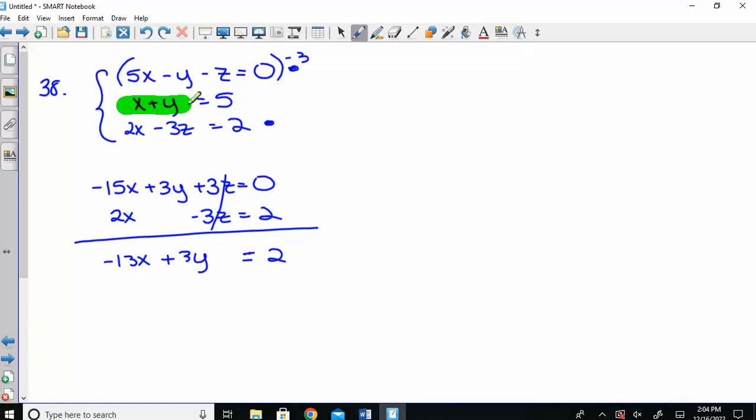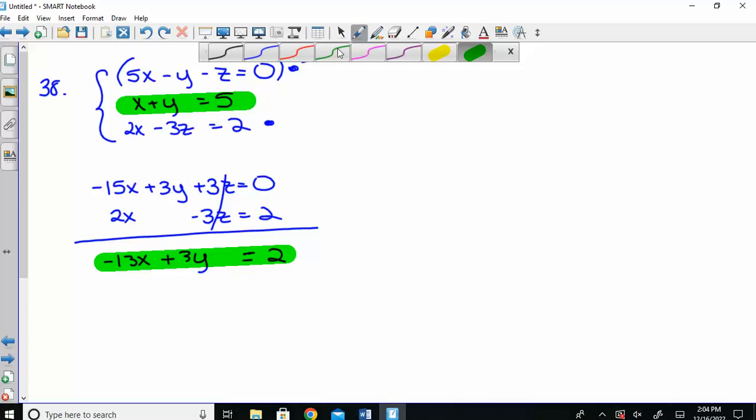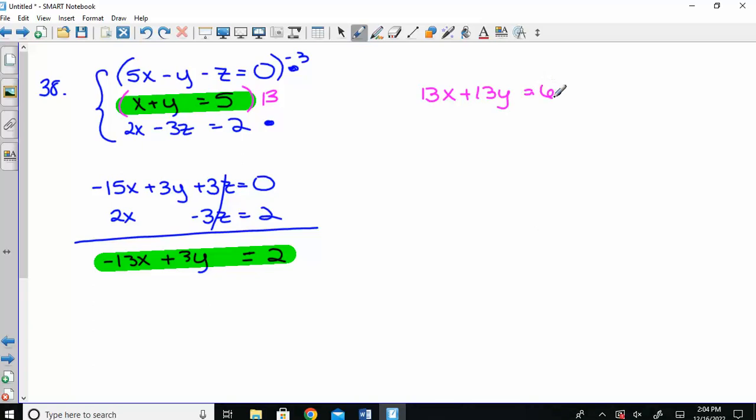Now if we look, we haven't used this equation yet, but it has an x and a y, and this one has an x and a y. So I want to put those two together. What do you want to get rid of? Doesn't matter, but I heard x first. So if I do x, what would I have to take this one times? So we have this together, those are common.